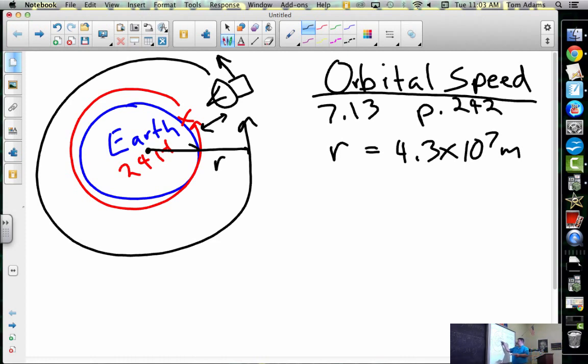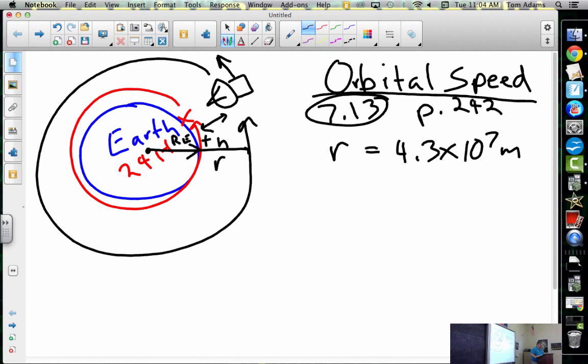In this example they wanted the altitude, but the radius of Earth plus the altitude is the total distance r. Technically, the radius of the circular path goes from the center of the Earth to where the satellite is. We need that information.